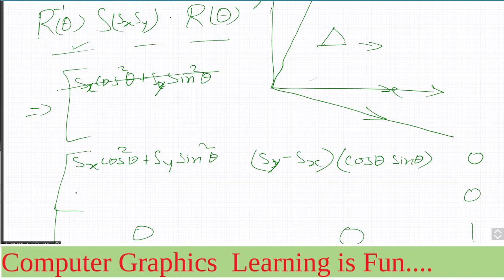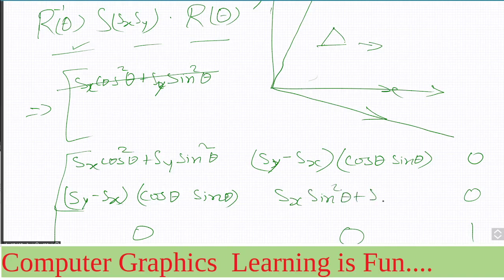Here, same thing, Sy minus Sx into cos theta sin theta, and here Sx sin squared theta plus Sy cos squared theta.